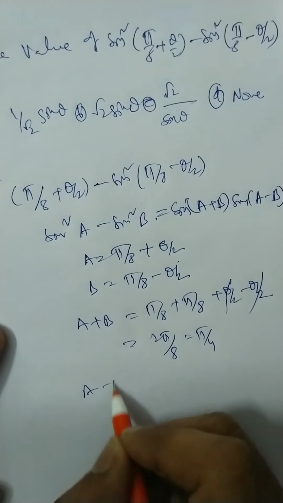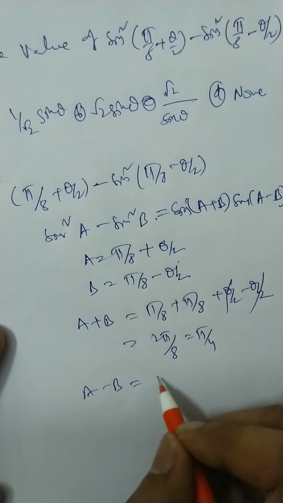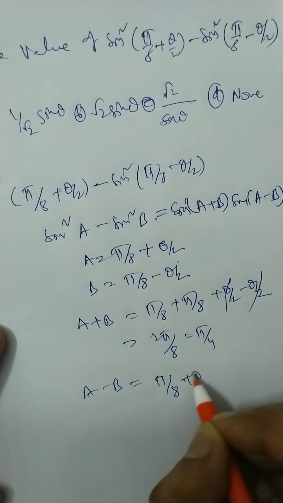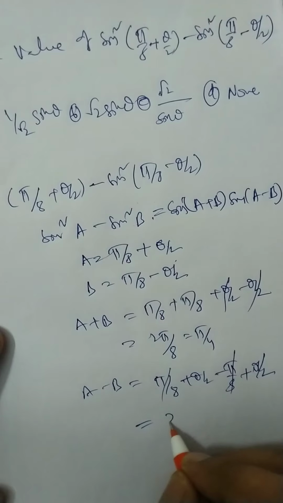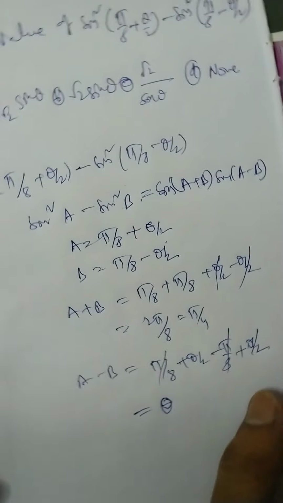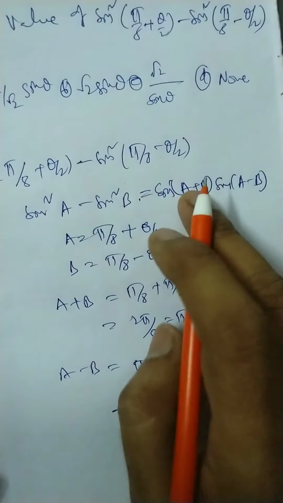Next, when you do a minus b, so pi by 8 plus theta by 2 minus pi by 8 plus theta by 2, these two will get cancelled. Theta by 2 plus theta by 2 is theta. Now substitute these two here.